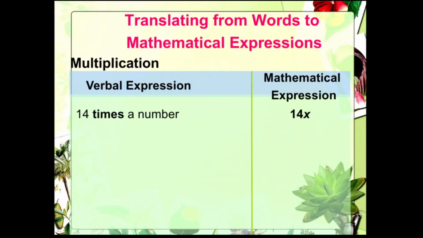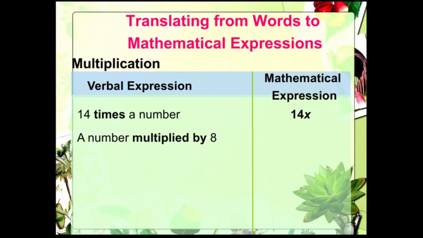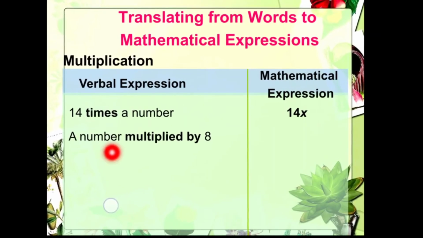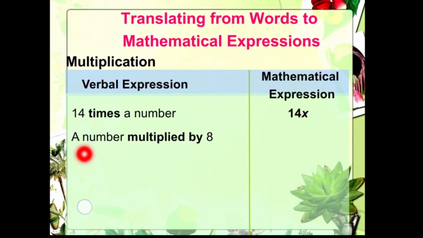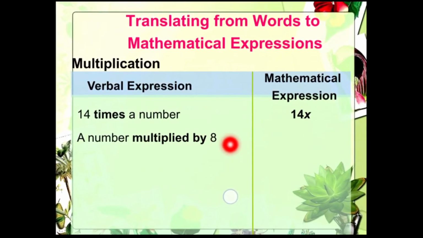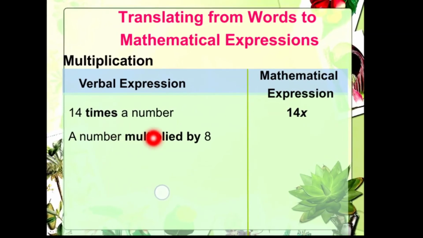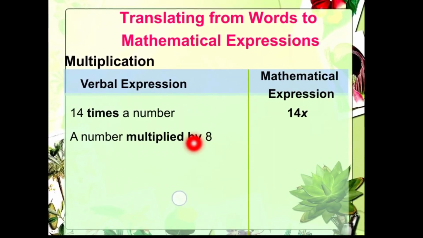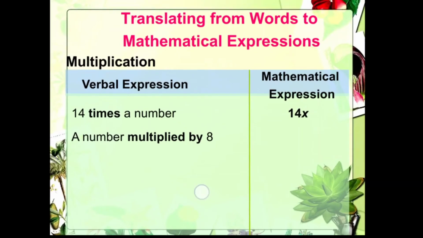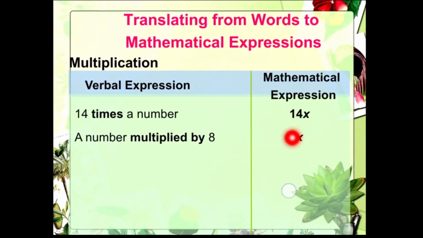Next, a number multiplied by 8. As you can see, the first given is a number. Then you have to multiply 8. Instead of writing x, then times 8, or x8, you have to write it as 8x. So a number multiplied by 8.